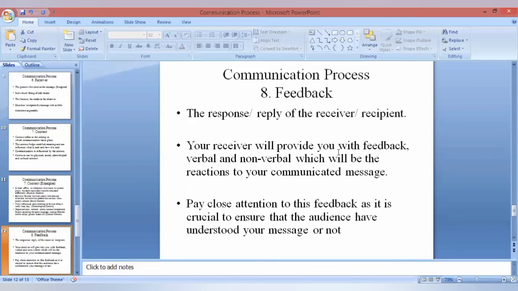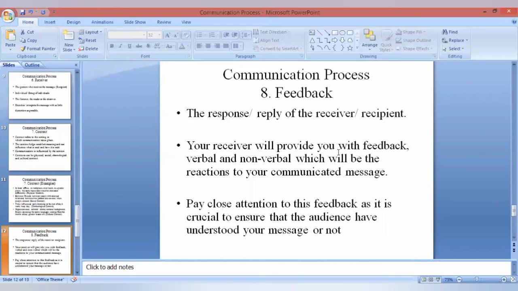You should pay close attention to the feedback of the recipient, because it plays a crucial role in ensuring whether the audience has understood the message or not. Paying close attention to feedback will tell you whether the message was properly interpreted and understood by the recipient.